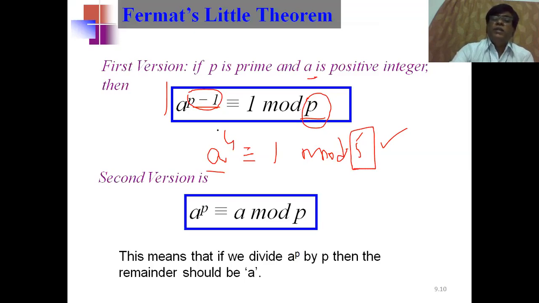Here we have 5 minus 1, which is 4. That's why its value is congruent to 1 mod 5. Now you can take any value here.